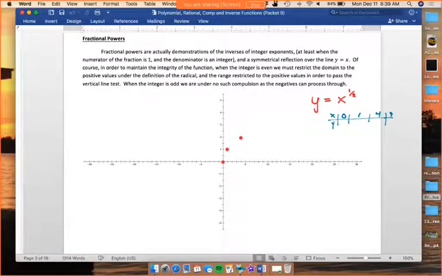So I would look at 0, 1, 4, 9, 16, and so on, just to make it easy on myself. So at 9 I get 3, at 16 I get 4, and at 25 I get 5. A little better.